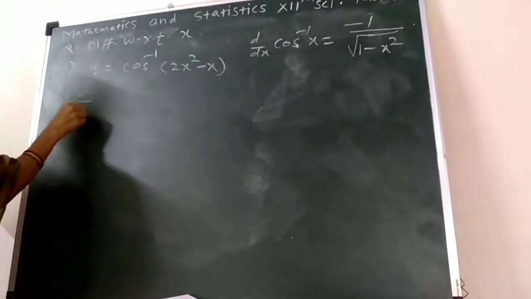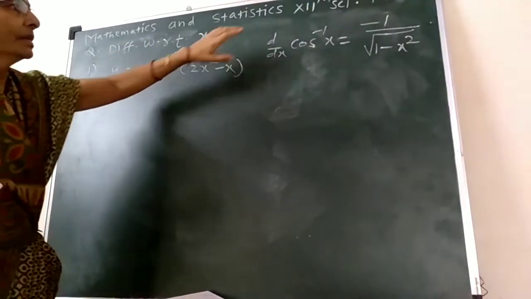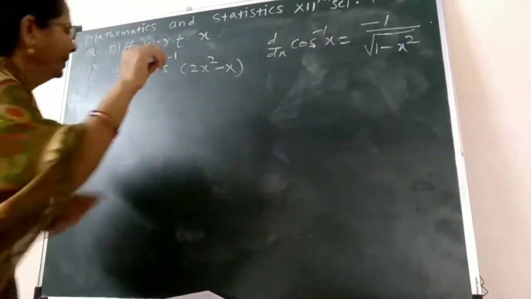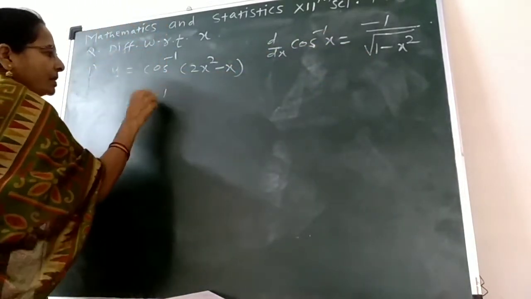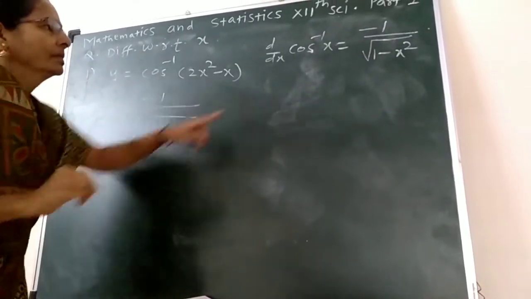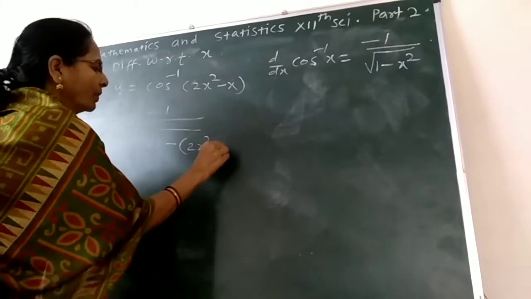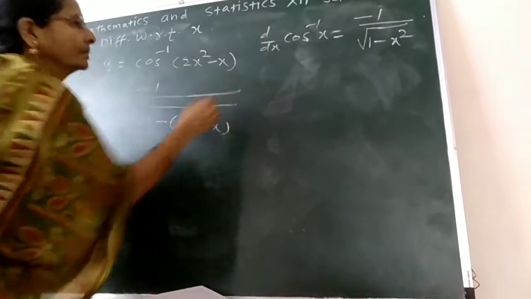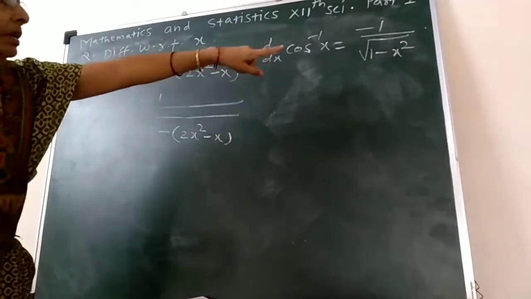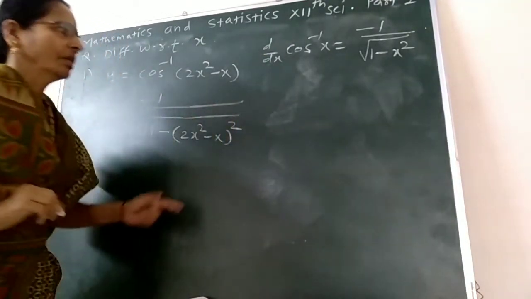dy by dx is equal to, use this formula, minus 1 upon root 1 minus this value, 2x square minus x, whole square is there, so square of this term.